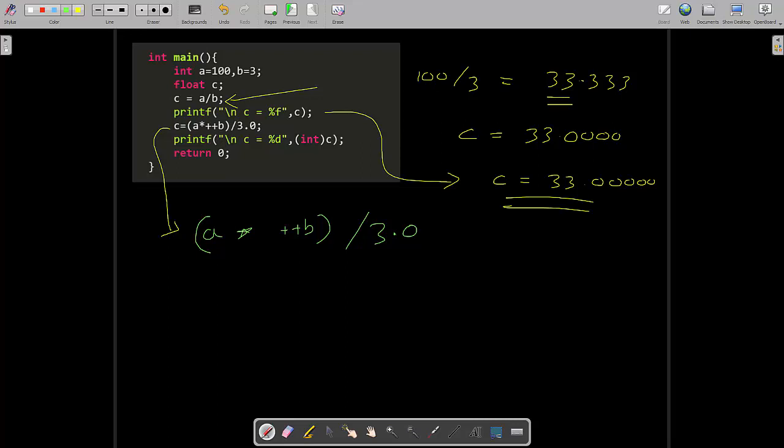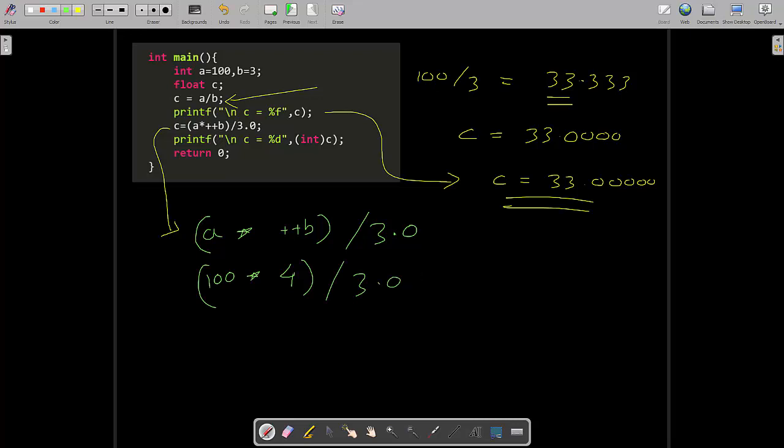So a, since the value of a has not changed yet, is still 100, then multiplied by plus plus b. Now b, it's a pre-increment, so b value right now is 3. So now after plus plus b it will become 4, and these are in brackets.